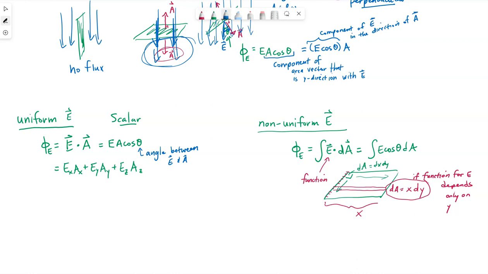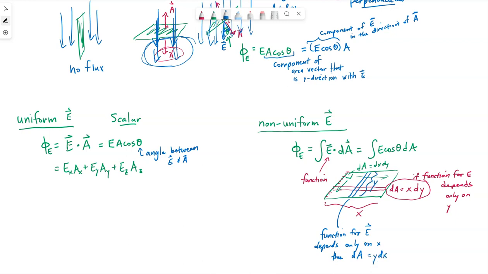If we were given a function that described the electric field changing with x, so if the function for the electric field depends only on x, then dA would be y dx.